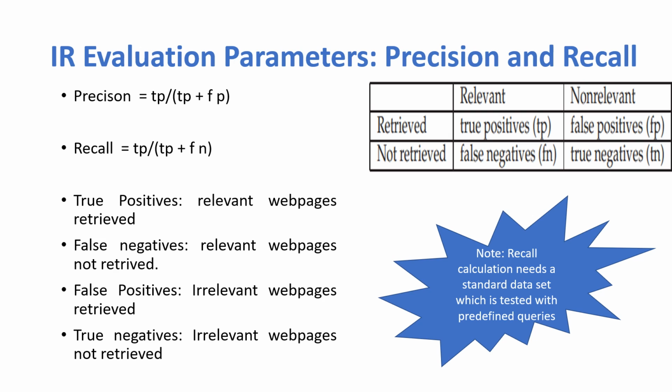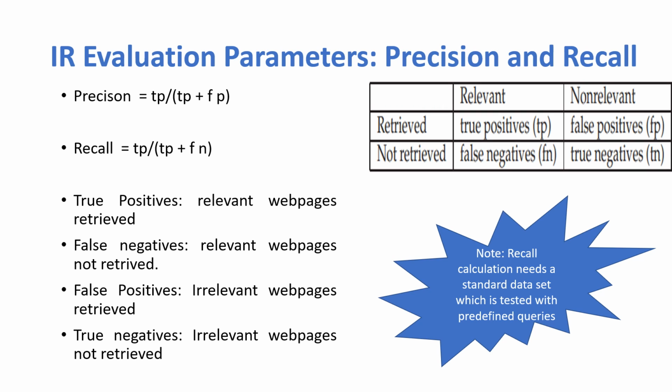It can also be understood from a different perspective, from true positive, false positive, false negative, and true negative. Precision is equal to true positive divided by true positive plus false positive, whereas recall is true positive divided by true positive plus false negative. These parameters, obviously, we would have used in most systems.